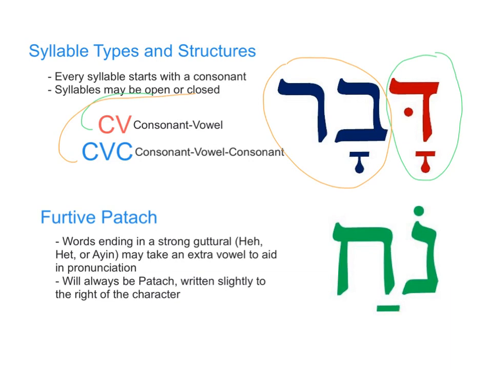Now this word here, even though it might look like we would break it up into different syllables, a furtive patach is the only place where we will have a closed syllable with technically two vowels in it. Now the word we're dealing with here is Noach, the name Noah, and you can hear that we pronounce that as a single syllable.